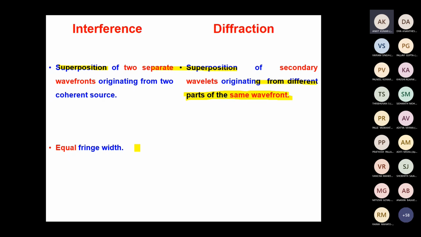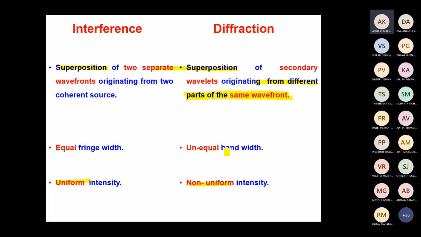Here, if you notice, the fringe separation, or what you call the fringe width, will be the same, but here you will have an unequal fringe width. In an interference pattern, you might have noticed that all the intensities are equal, in the sense you have a uniform intensity. Here you will see a non-uniform intensity pattern. These are some of the things which you need to look into when discussing diffraction.